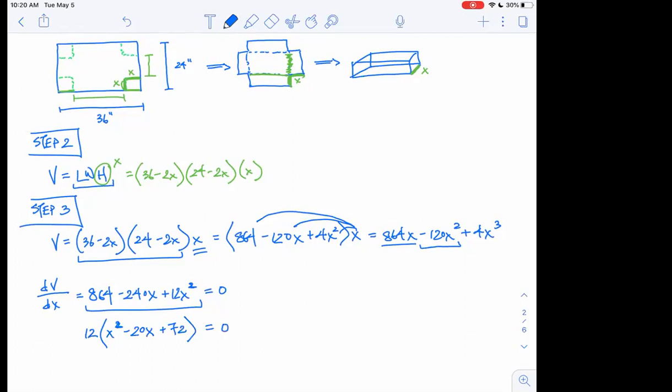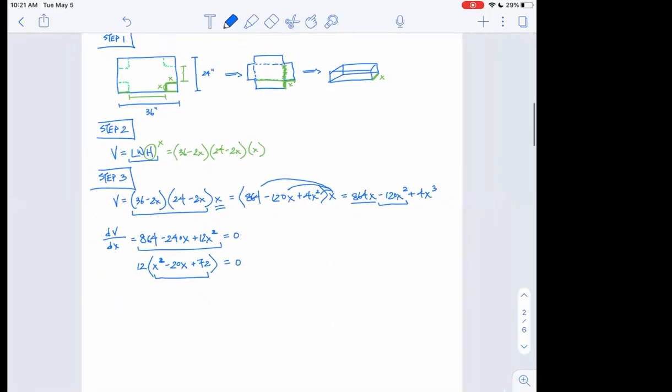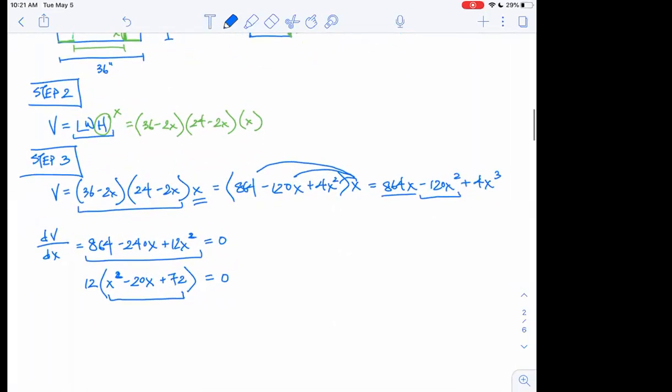I would really encourage you to find a greatest common factor if there is one, because if it's not factorable, it just makes your life so much easier to work with smaller numbers when you're using the quadratic formula. So in this case, this is not factorable, so we're going to go ahead and use the quadratic formula to solve for our x's.